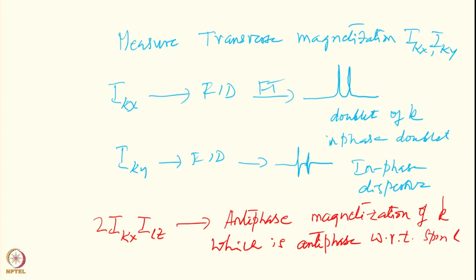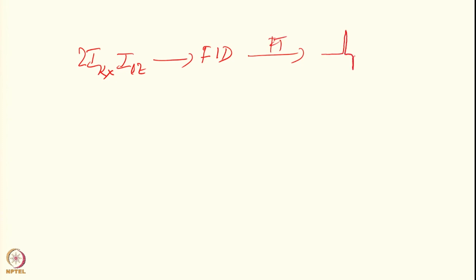If I take a term like this, 2IKX ILZ, this evolves during the FID, because to generate an FID, various kinds of evolutions will happen, and then after you do a Fourier transformation you collect the signal. This will generate the same two lines, but they will have an appearance like this.